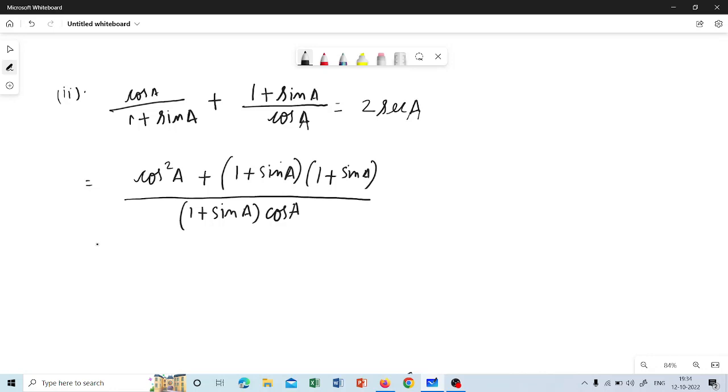So I'll expand the bracket now. Expand the bracket.